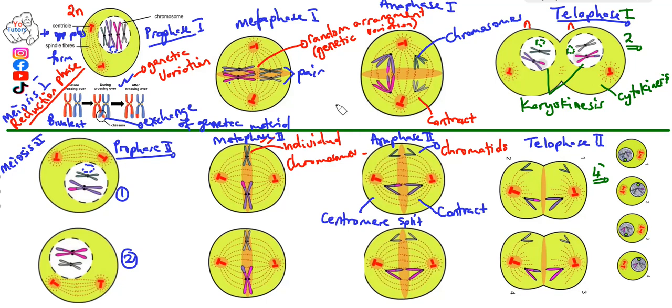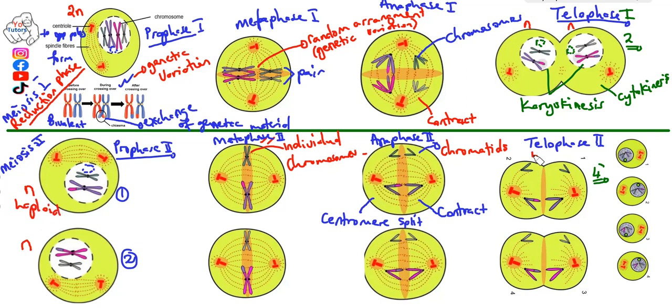So the daughter cells of meiosis 1 are n, n. And in meiosis 2, the chromosome number remains the same. The mother cells here have n, which is 23 chromosomes, and they are haploid.